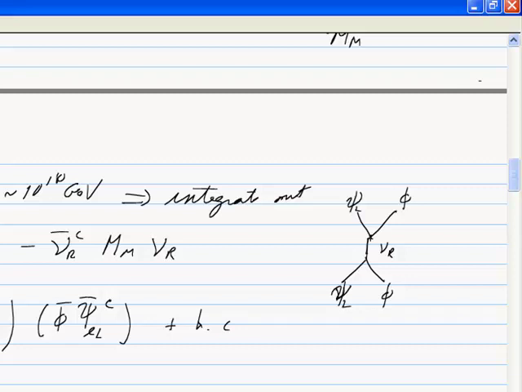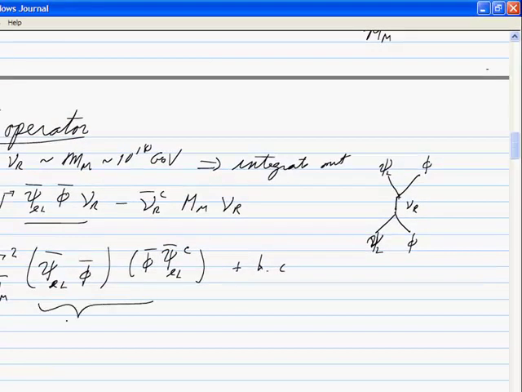Okay, so we get an operator like that. This is dimension 5. Psi bar psi is dimension 3, phi is dimension 1. So it becomes dimension 5.